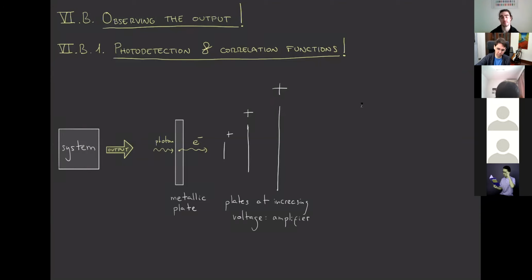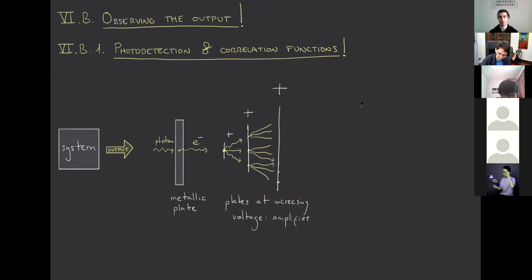It takes one electron, and what's interesting is that, because you are accelerating this electron, it gains energy and goes towards the plate, and when it hits the plate, it releases even more electrons, okay? And then when these electrons hit the next plate, they release even more electrons, okay?